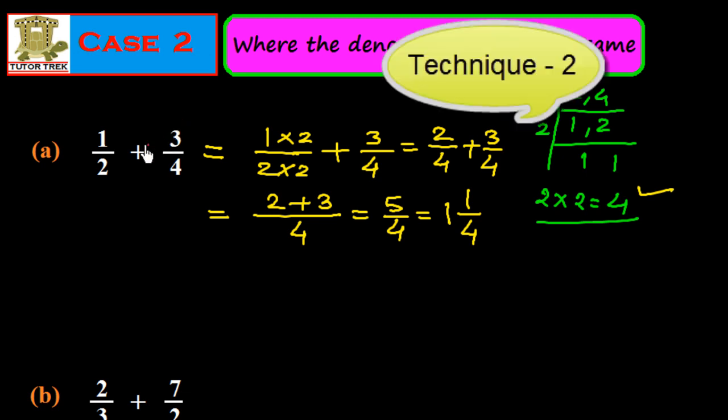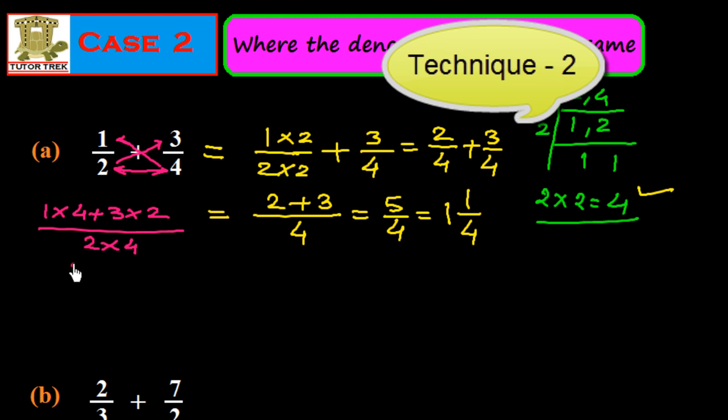Now I would like to explain the second technique. Here we multiply diagonally the numerator of the first fraction with the denominator of the second fraction, and the numerator of the second fraction with the denominator of the first fraction, and multiply both the denominators. How do we write this? 1 into 4 plus 3 into 2 over 2 into 4.